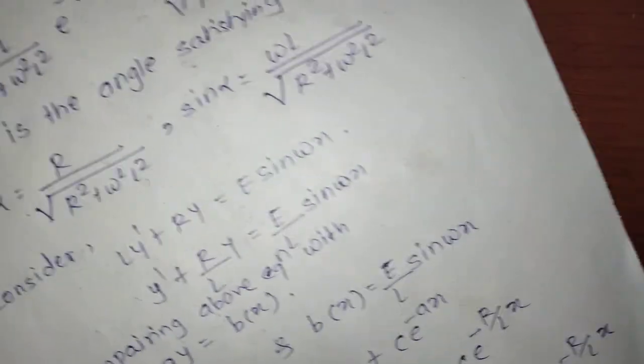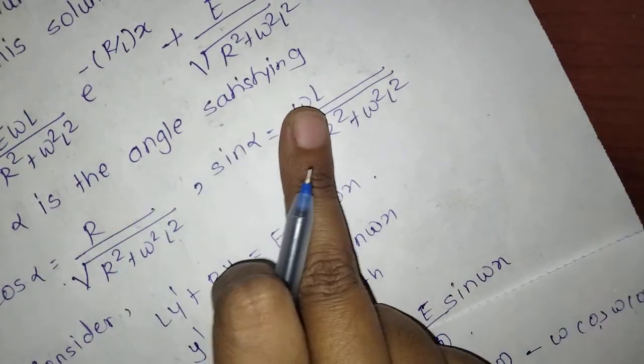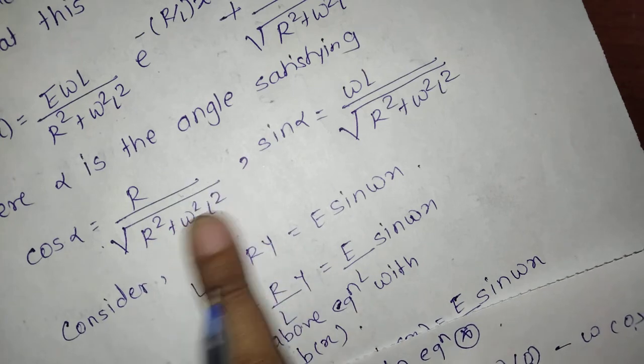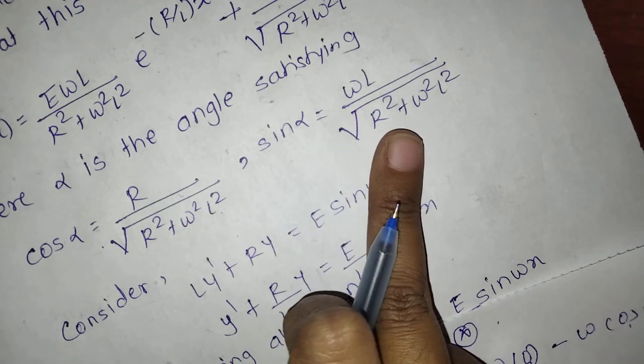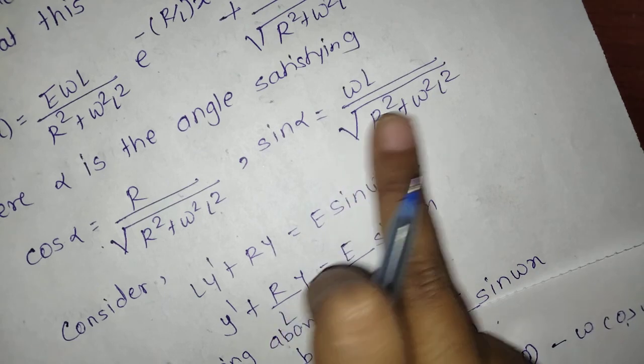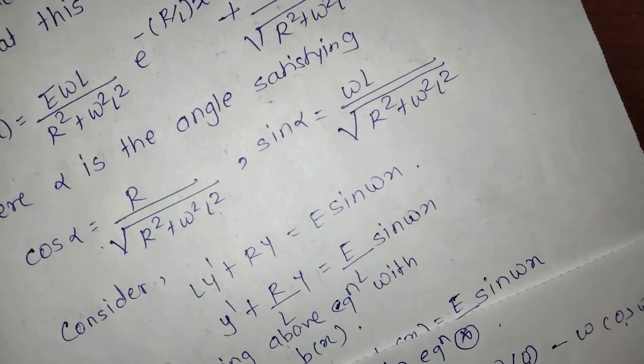Now here you can see that alpha is the angle satisfying cos alpha is equal to R upon under root R square plus W square L square, and sin alpha is equal to WL upon under root R square plus W square L square.